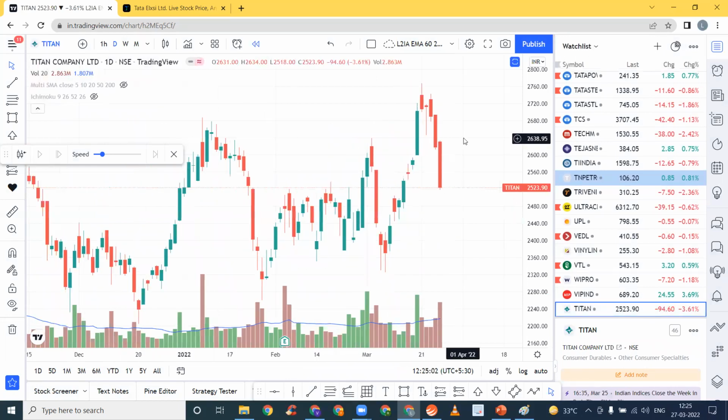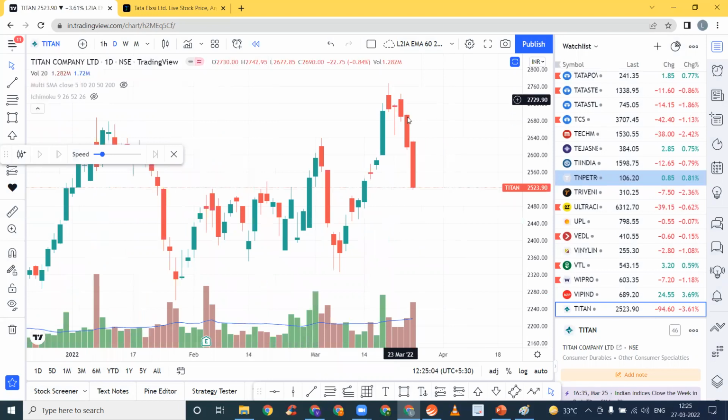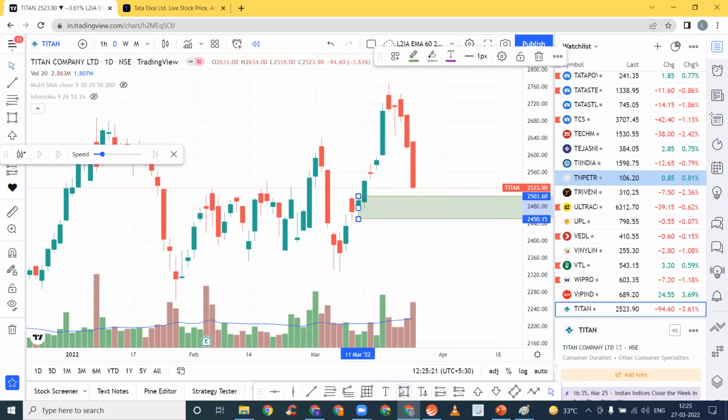Here, Titan, this is one of the zones, लेकिन ये zone से नीचे चला गया. So what are the levels which I'm looking at? One level is here. What is the other level? Once again here.